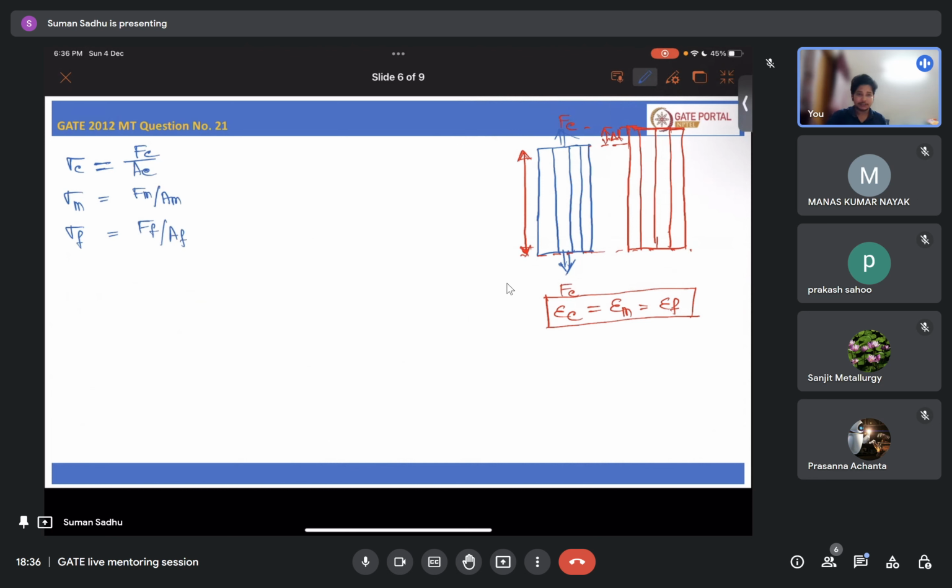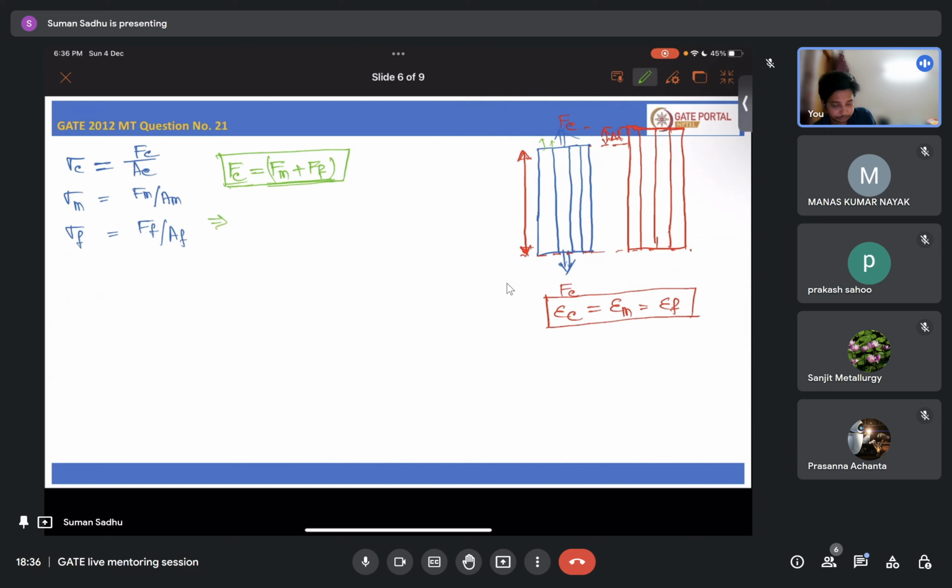Now if you balance the force, the total force that is applied, Fc, should be equal to Fm plus Ff. The force you are applying gets split into the two phases, one for the matrix and one for the fiber, but the force has to be balanced, right? So the total force Fc will be Fm plus Ff.